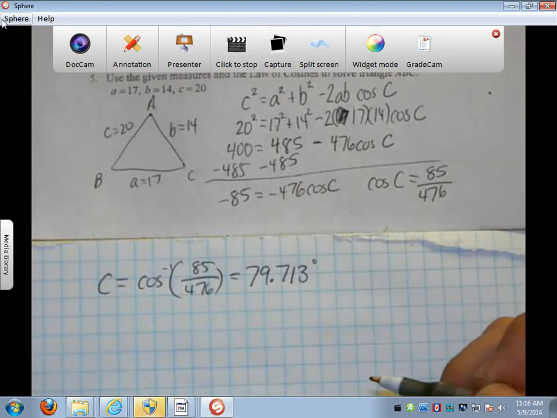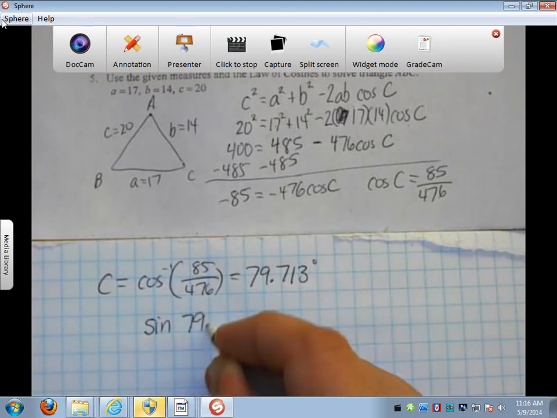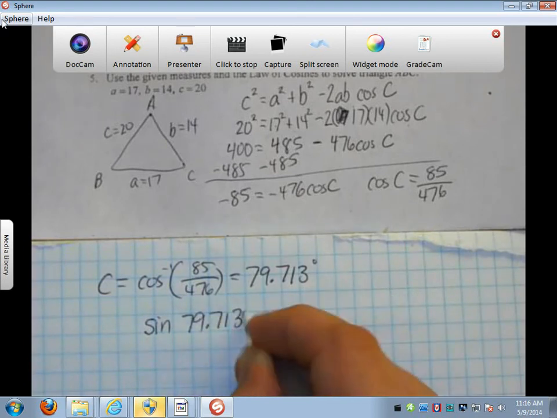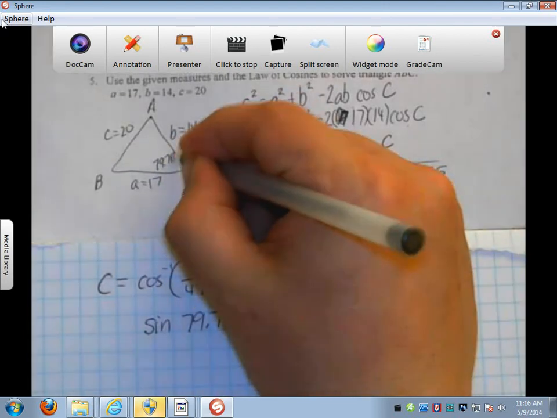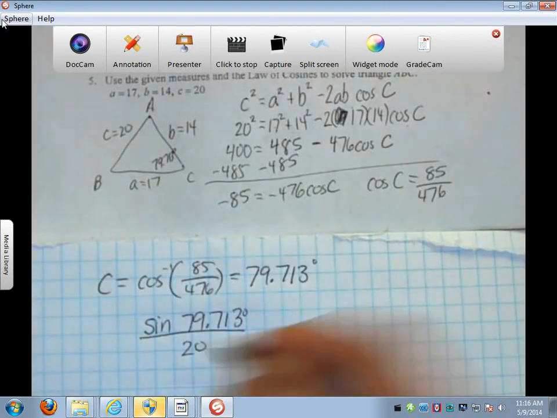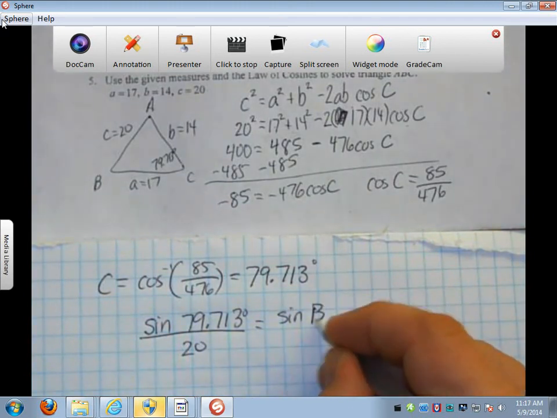So at this point, I can use the law of sines to find either angle A or angle B. I'm just going to choose angle B. So the sine of 79.713 degrees, remember that's C, over 20 equals the sine of B over 14.